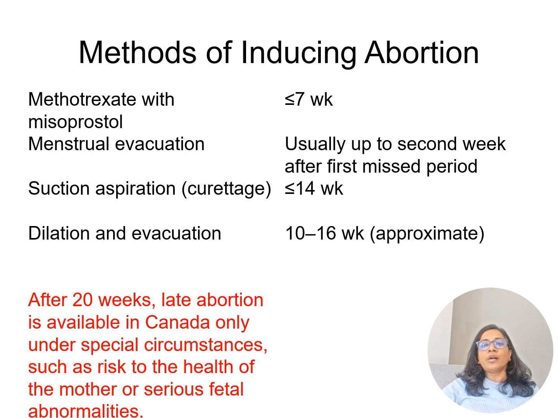Induced abortion: we usually give a medication or do a procedure for termination of pregnancy. Usually, if the fetus is about 7 weeks or less, injection of medication can induce abortion. Usually the medication used is methotrexate.